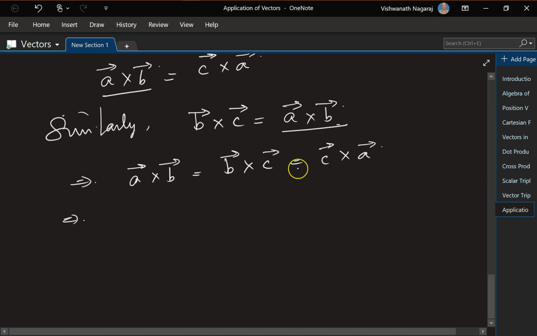So if the vectors are equal, that means their magnitudes are also equal.